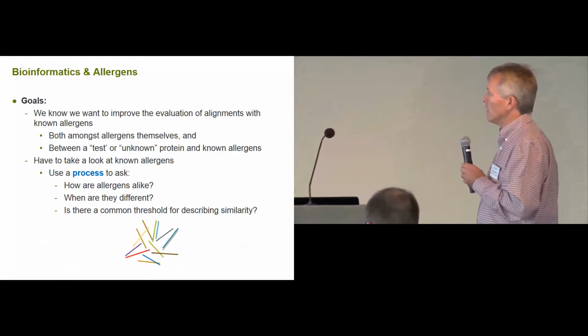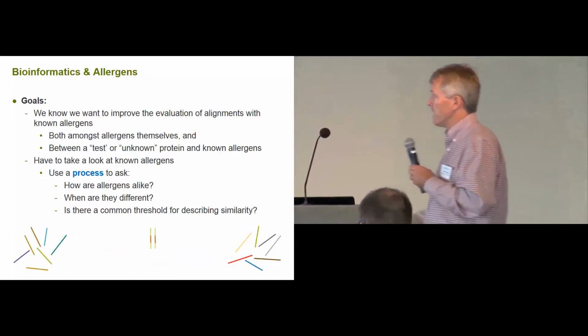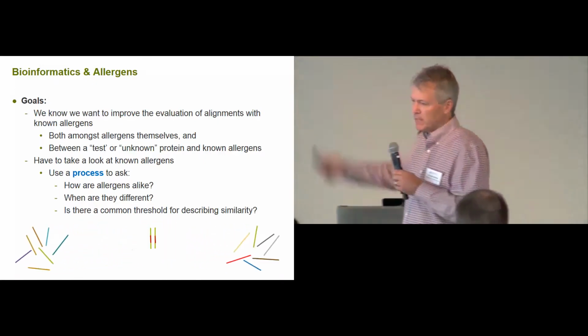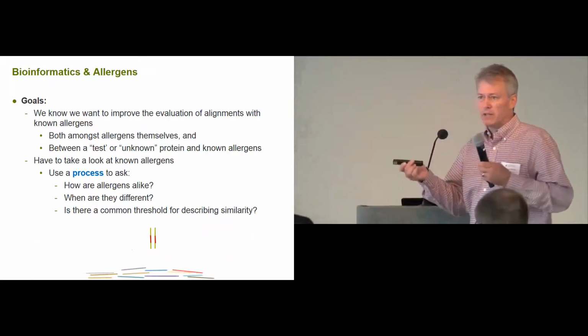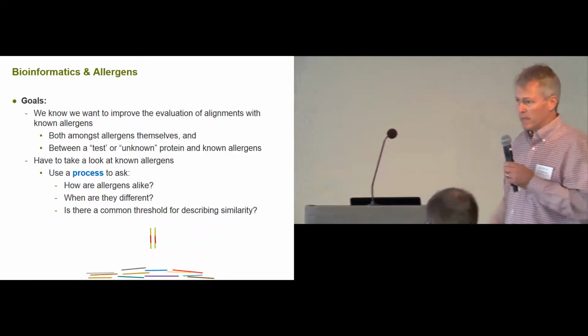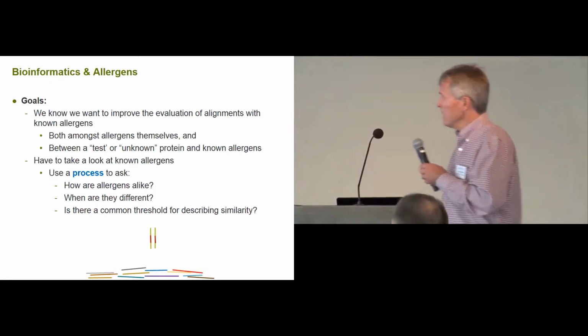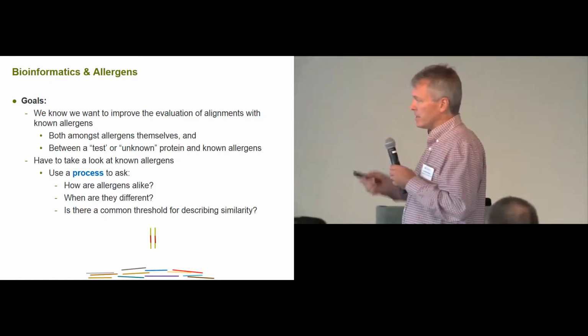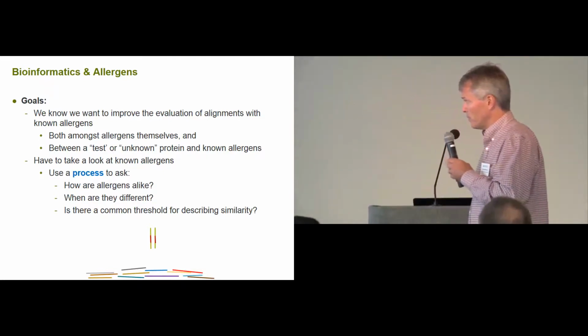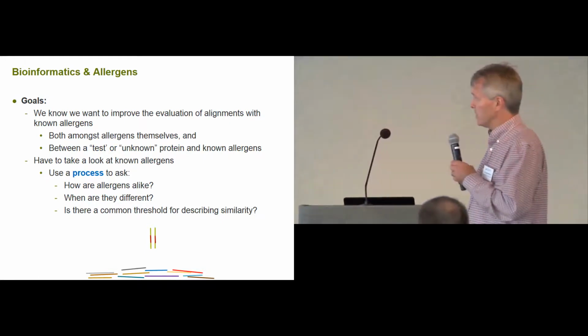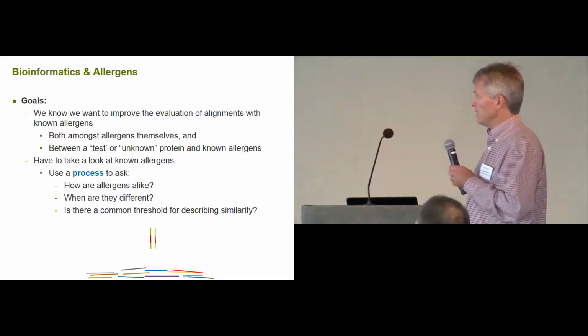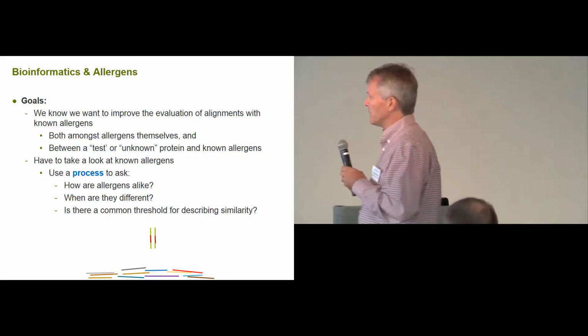So the goal was simply to improve the evaluation of alignments. I showed you just a basic alignment before. You get some standard statistical output from that similarity assessment. And I want to use that same thing and ask, is there something there we can use that's better than a percent identity score? And so we need a little bit of a process.